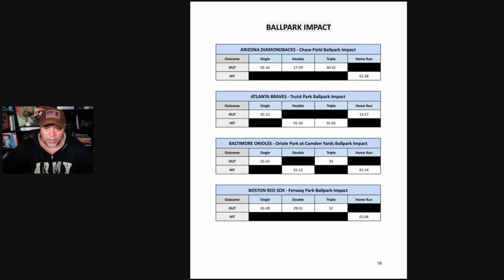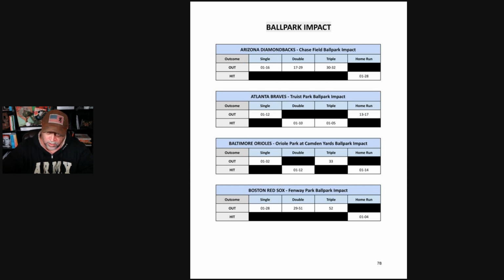Let me explain. Say you have a ballpark check in Arizona, and you get a single. In Arizona, there's not a lot of variance between the actual ballpark and the league average, so there's no impact. Same for double, same for triple. You can see they're black here.